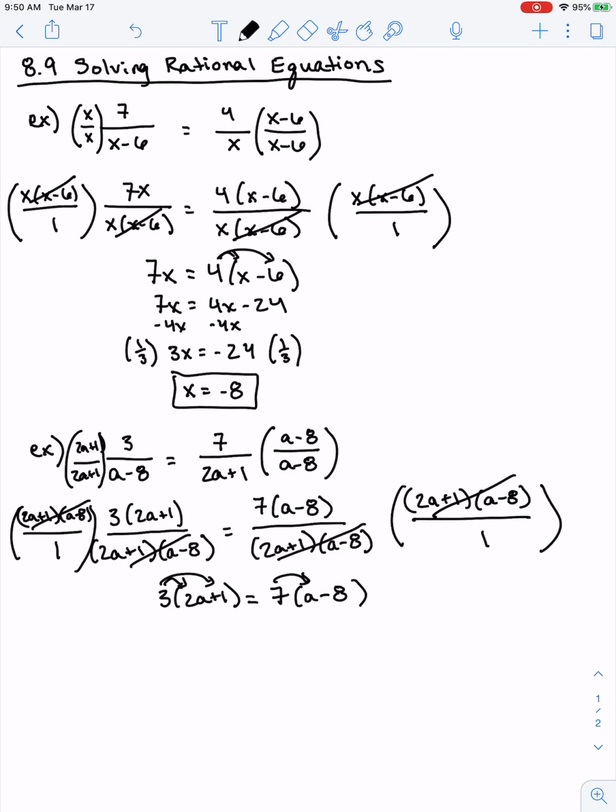If we distribute these terms, then we get a 6a plus 3 is equal to a 7a minus 56. Go ahead and bring my variables to this side and my constants to the other side. And solve for a.